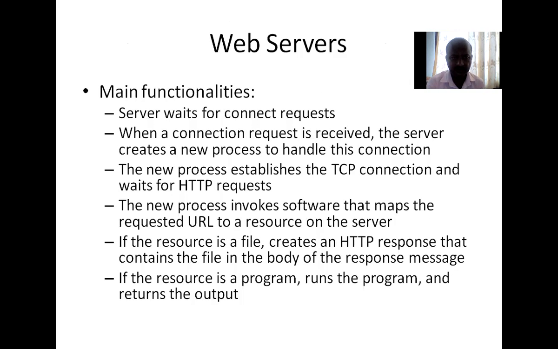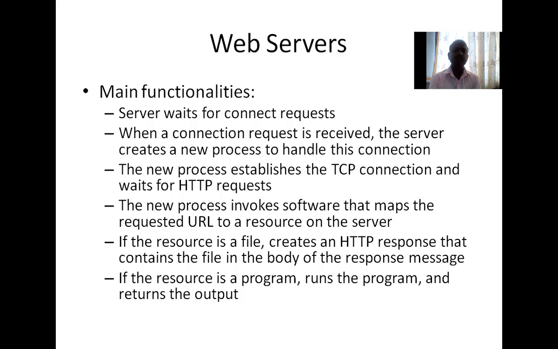Then web servers. The main functionalities of a web server: the server waits for connection requests. When a connection request is received, the server creates a new process to handle this connection. The new process establishes the TCP connection and waits for the HTTP request.